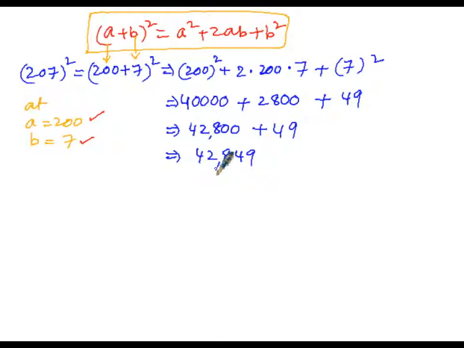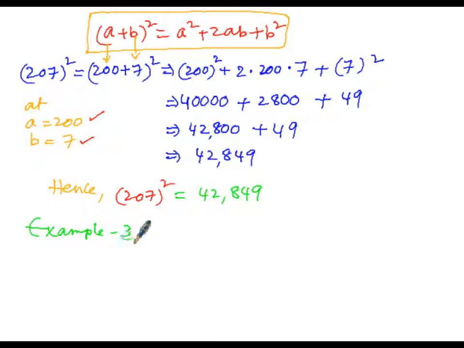In this manner I got the value of 207 whole square. Hence, 207 whole square is equals to 42,849. In the similar manner, let us perform one more example, that is example number 3.